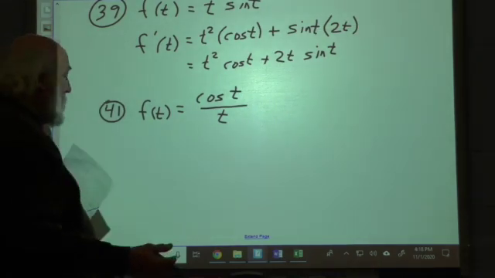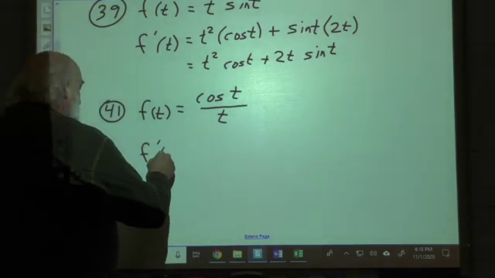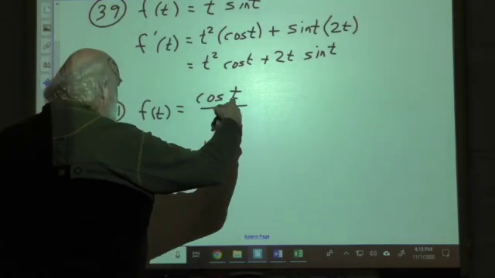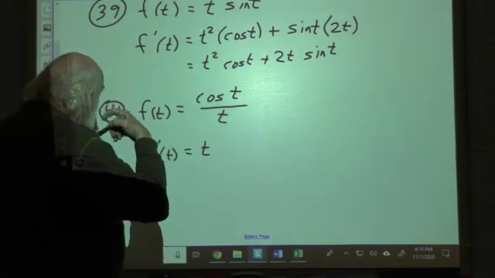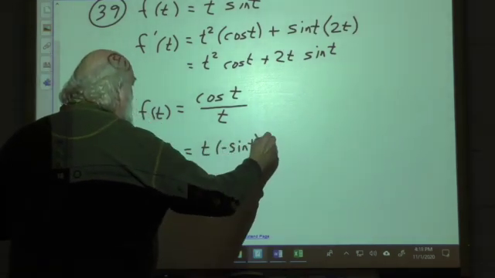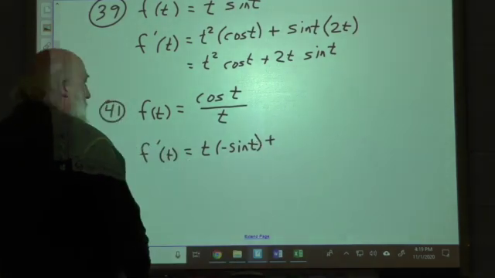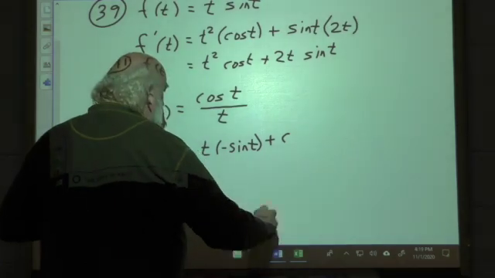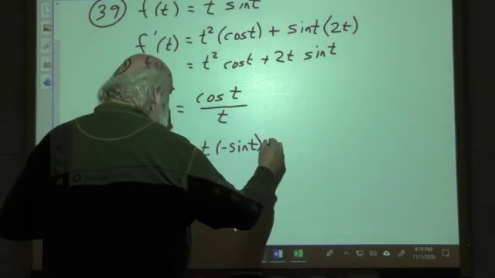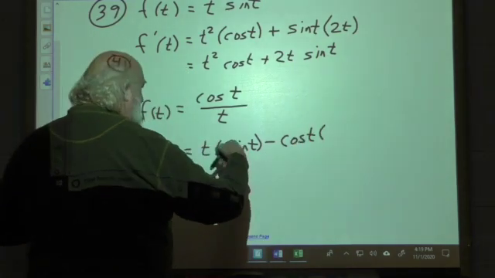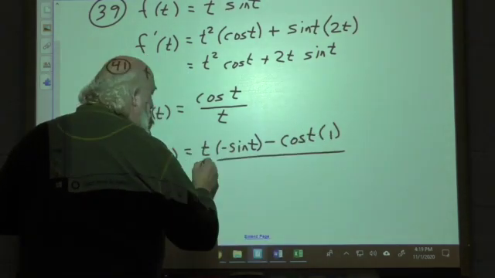Now this is the law of quotients, so f prime of t is equal to t times the derivative of the cosine of t, which is the negative sine of t, and now, since this is division, minus cosine t times the derivative of t, which is 1, all over t squared.